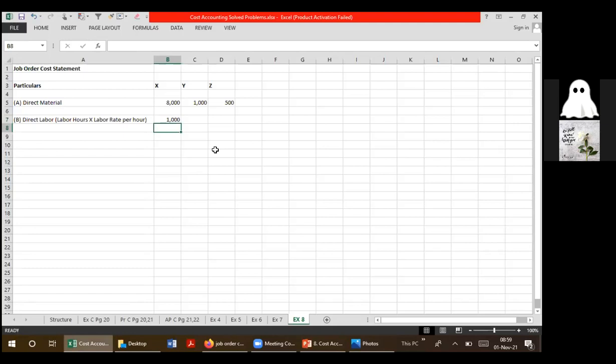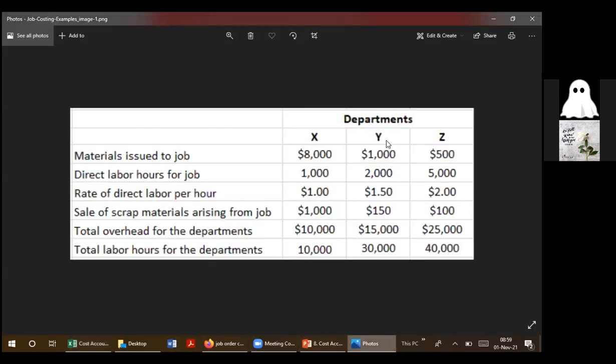$1 for 1000 hours. For department Y, it is 2000 hours at $1.5 per hour.